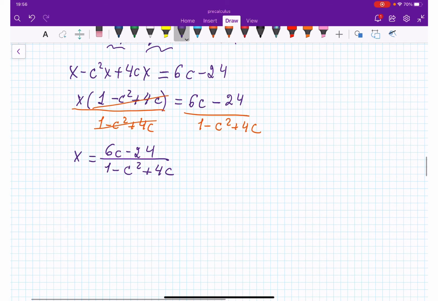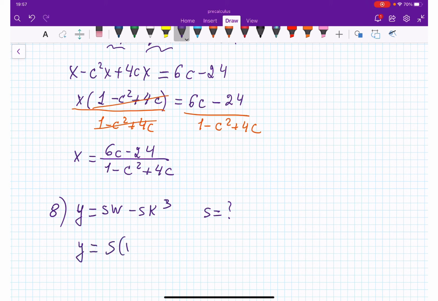Next one, number 8. We have y is equal to sw minus sk to the power 3. And we need to find s. Well, this one looks very easy. Okay, so first of all, we take s as a common factor. y is equal to s, taking out w minus k cubed, right?